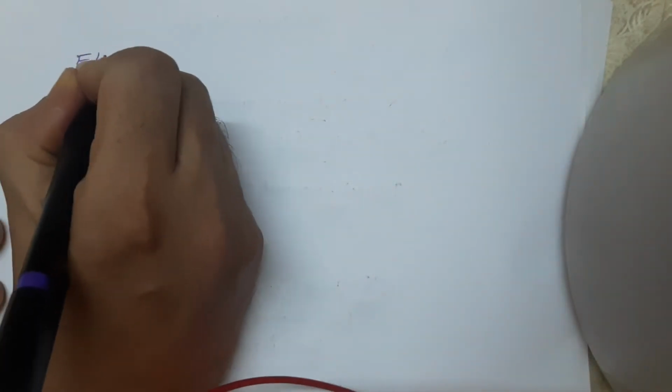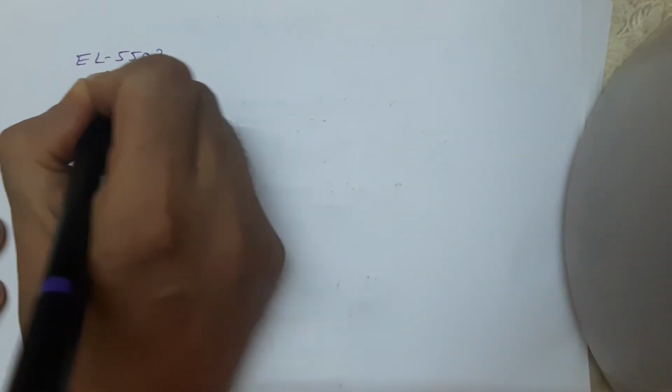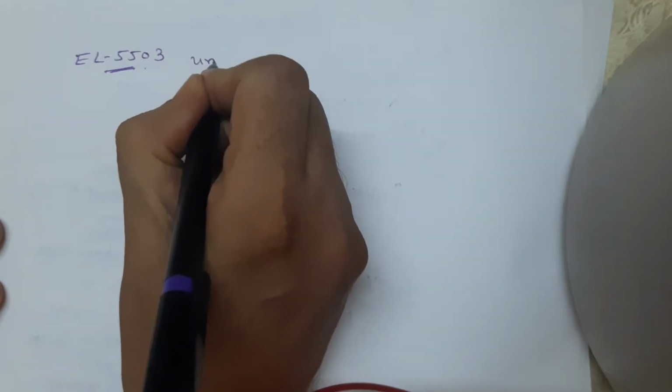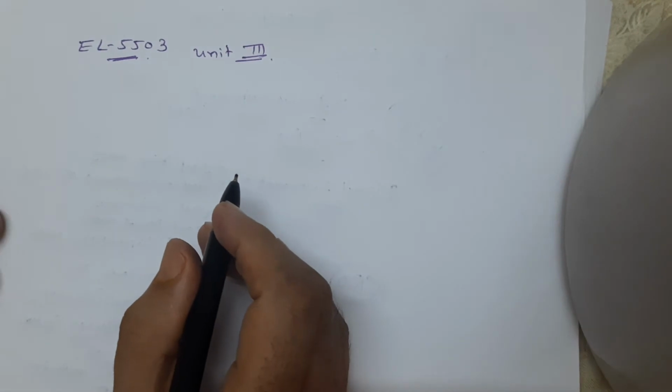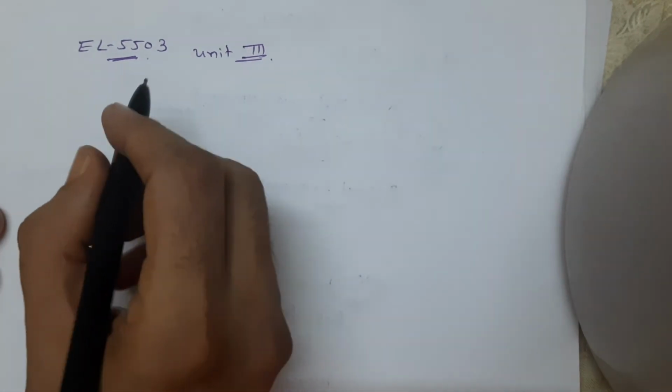Next, same paper, paper number EL5503 unit 3. Here we are discussing signal generators.